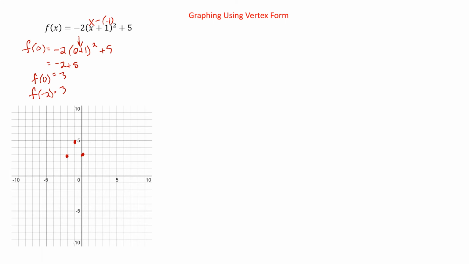All right, now let's go another 1 over. So let's plug in 1, because that'll be the next one over. So we'll have -2 times 1 plus 1 squared, plus 5. 1 plus 1 is 2. Squared is going to be 4. -2 times 4 is -8. Plus 5 is -3.